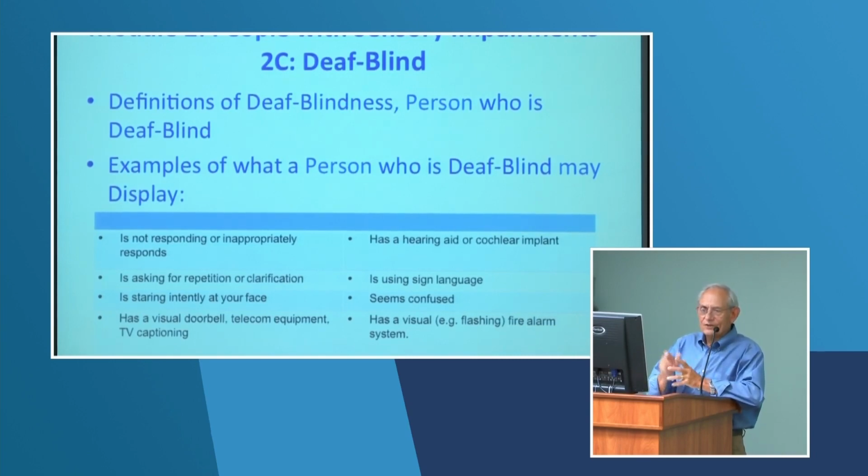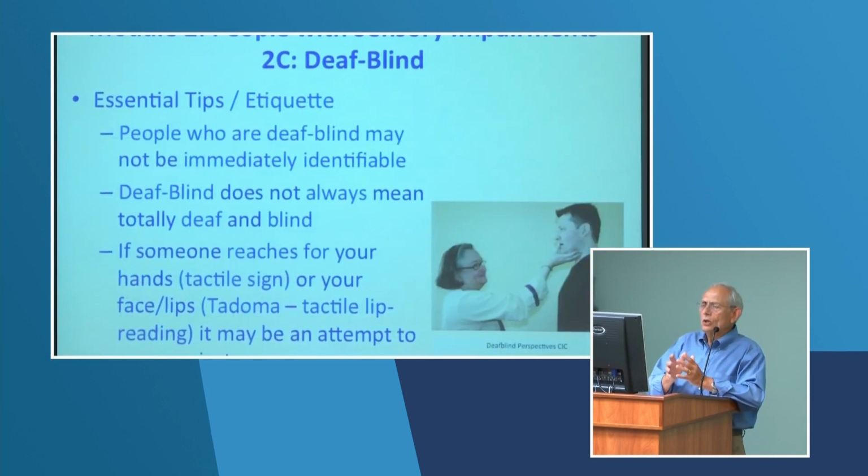Saying no, shaking their head, pointing at their ears, or using sign language, or totally confused, has a hearing aid, etc. They may not be immediately identifiable, especially in an emergent situation. Deaf-blind doesn't always mean totally deaf and blind. So be nice, don't talk bad.